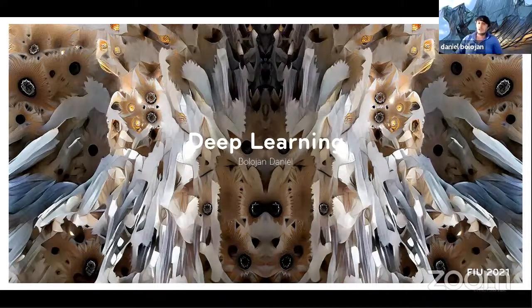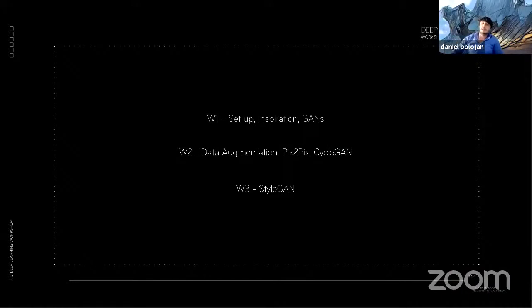So the strategy here will be over the next 3 weeks. First week, which is today, I'm going to mostly go over setting things up so that we are able to start to work with neural networks. I'm also going to give a presentation where I'm going to show some ideas about how GANs or different AIs are used.